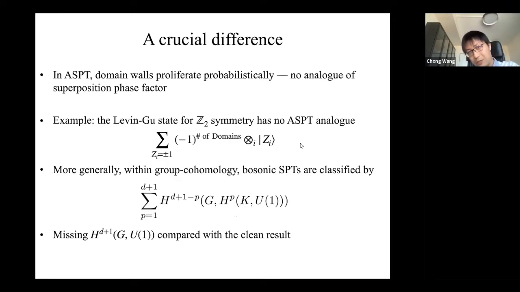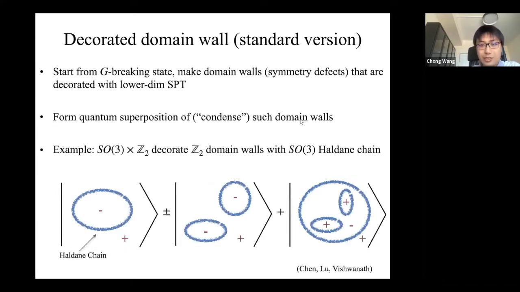There is one crucial difference, which is that in the average SPT case, the domain walls, as I said, proliferate probabilistically, not as a quantum superposition, which means there is no analog of the superposition phase factor. Remember, in the fully quantum clean case, when the domain walls proliferate, I do have a choice of the phase factor in the superposition.